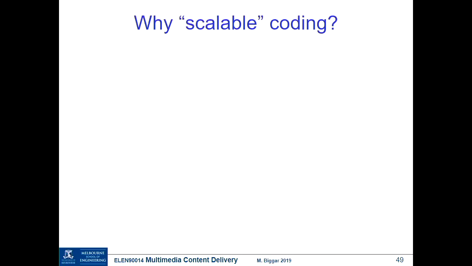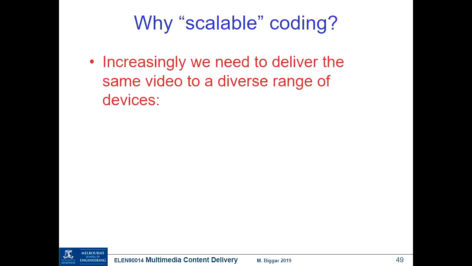So, scalable coding. I've alluded to this before. The idea of scalable coding is that if we are delivering one video source to lots of different devices, say I'm providing a high definition version of television to some devices, and a standard definition version to other devices, and maybe I want to do some internet streaming at the same time, so I'm delivering to tablets and to smartphones.